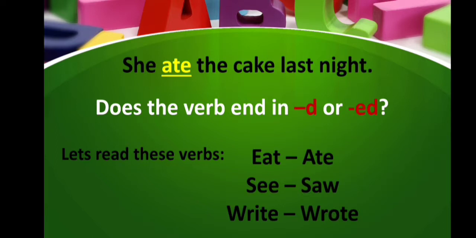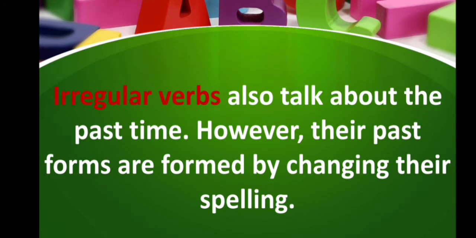Ate, saw and wrote are the past tense of the words eat, see and write. These are irregular verbs, and irregular verbs also talk about the past time. However, their past forms are formed by changing their spellings.